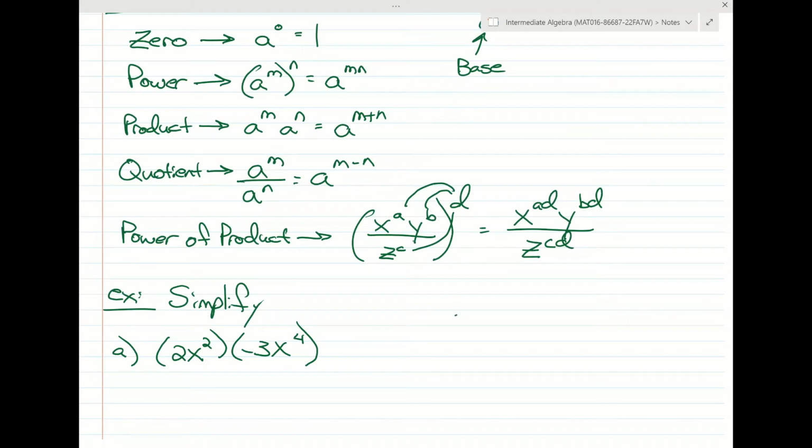Something we could use is called the commutative property. It just means that order doesn't matter with multiplication or addition.